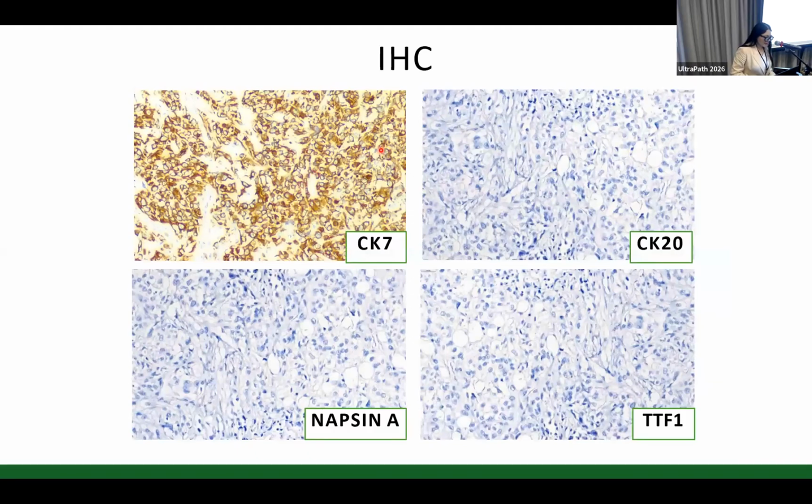That's why we performed cytokeratins, and it was positive for CK7 but negative for CK20. And given the symptom of dyspnea, we emphasized ruling out lung adenocarcinoma. We performed Napsin A and TTF1, which were negative.